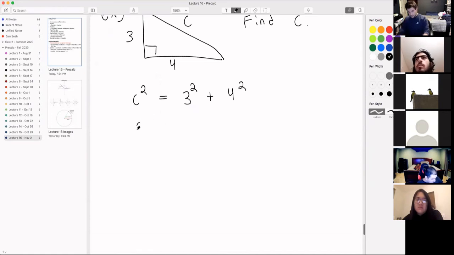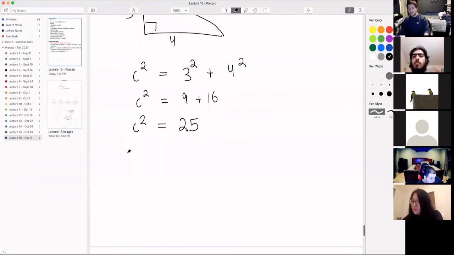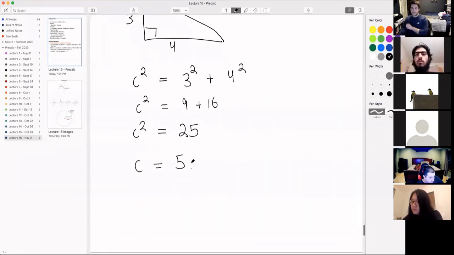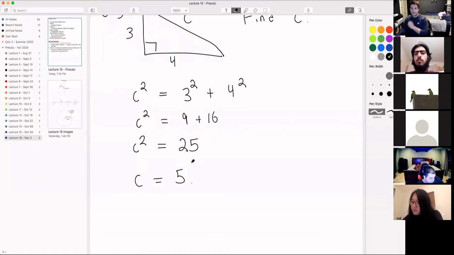So C squared will be equal to 9 plus 16, because 3 squared is 9, 4 squared is 16. C squared is equal to 25. Good, and now you can take the square root of both sides, and C will be equal to 5.